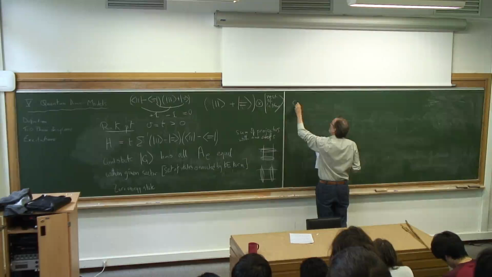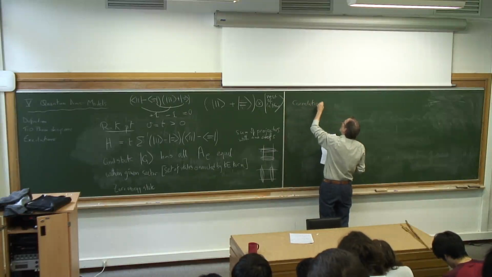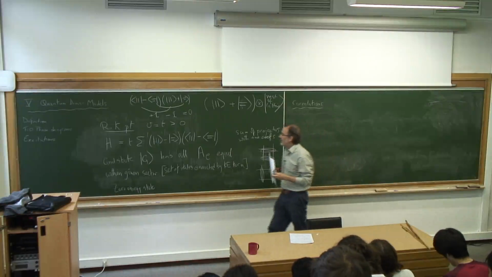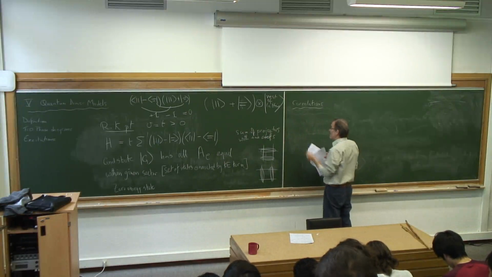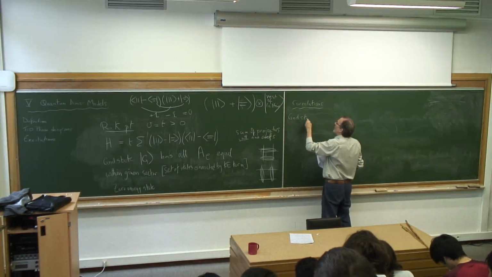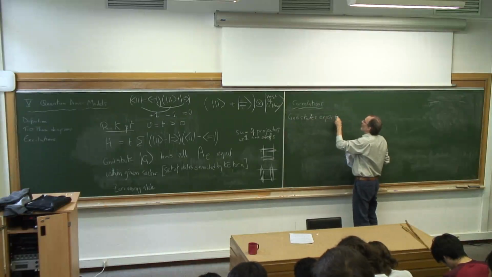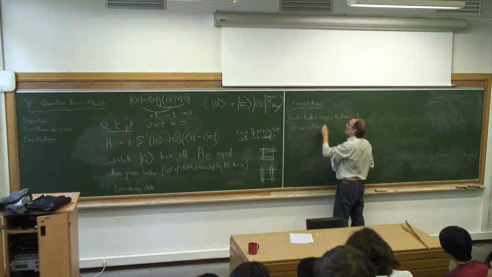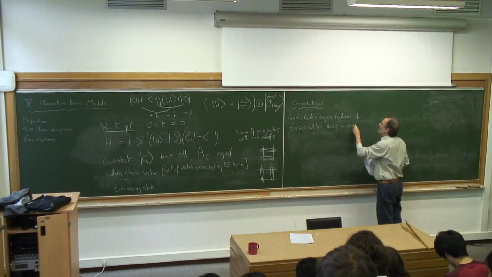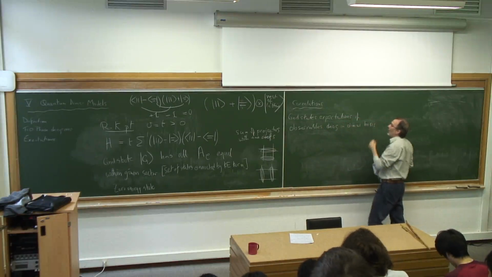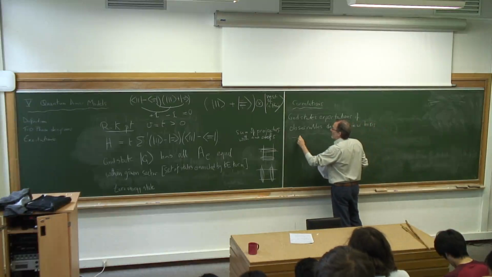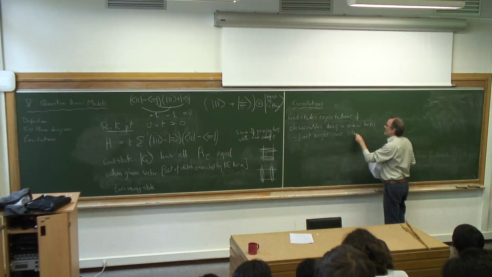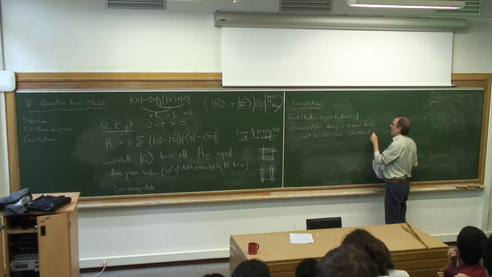So if we think about correlations, then for an observable that's diagonal in this dimer representation, we can work out ground state expectations, they're just averages over the classical configurations.